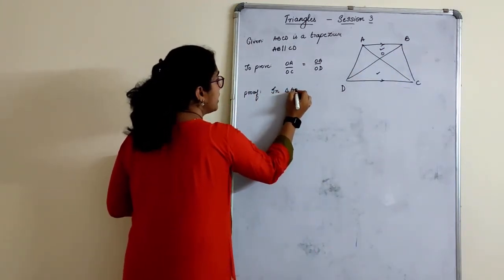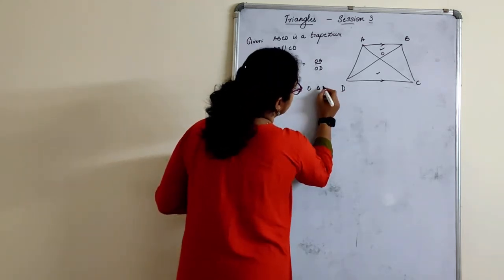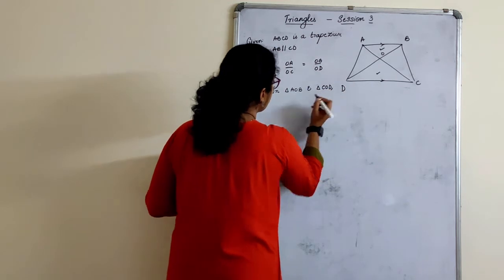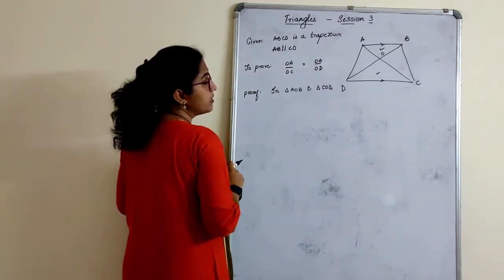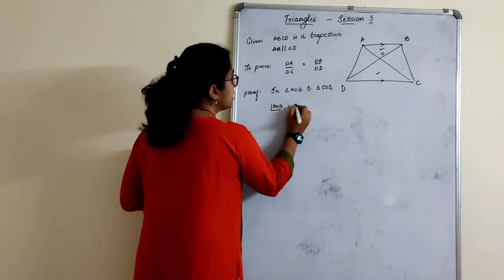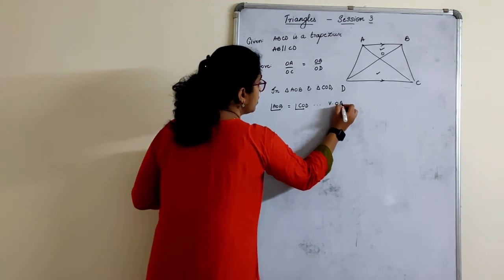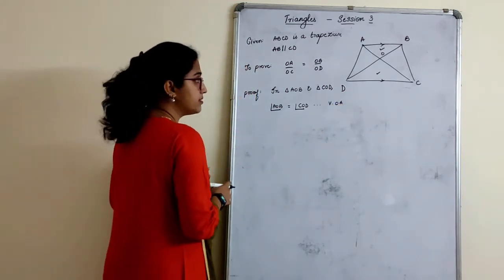In triangle AOB and triangle COD, in these two triangles, first of all, what is equal? Angle AOB is equal to angle COD, vertically opposite angles. Two angles anyways.